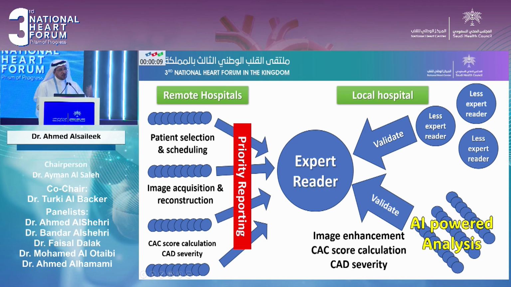And then we ask the AI to do preliminary automated coronary artery calcification and coronary artery severity calculation. And the AI can also flag the cases that have, for example, severe coronary artery disease, which can then be sent to the expert reader virtually, say, a virtual hospital, and those flagged cases can be reported first, and then the normal ones can be reported later. This way we can improve our efficiency either at the local hospital or remotely.